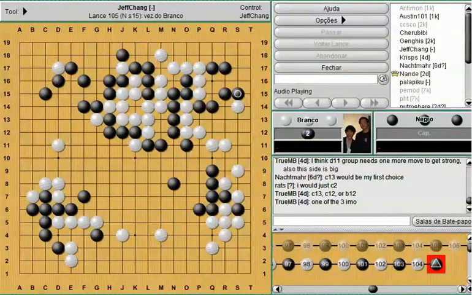C2. Okay, what is C2? I'm sorry, C2 is somehow off topic to me, because we talk about the left side, the center, and the bottom. C2 is at the bottom left. So what is C2?